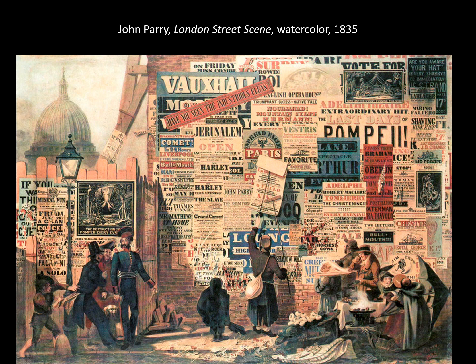So let's talk a little bit about how printing works in this period. So early on, most of these posters that you see being plastered on this wall are made through what we would probably just call simply typesetting or letterpress, right?